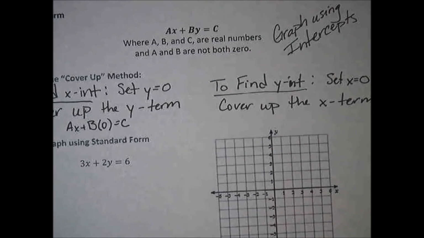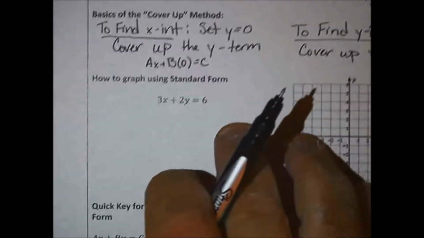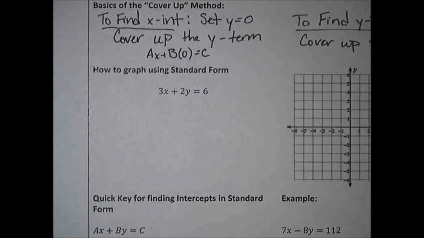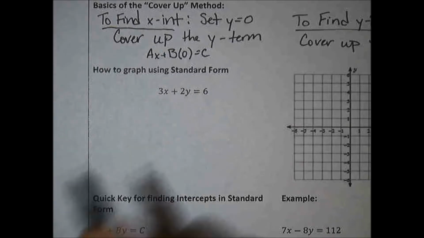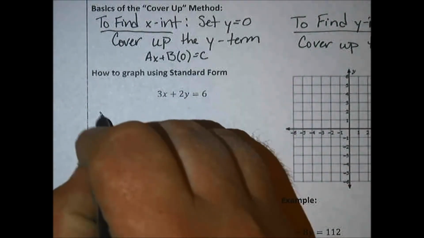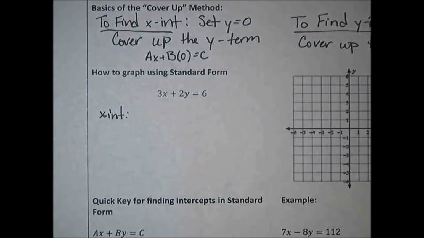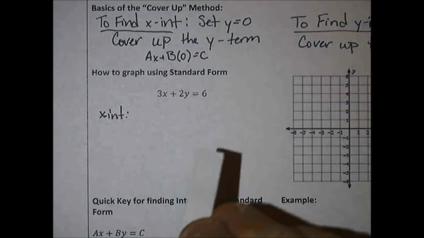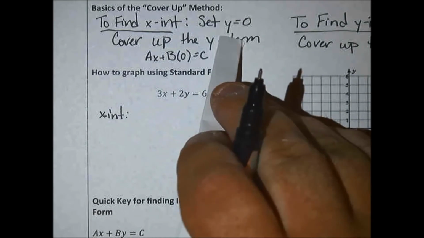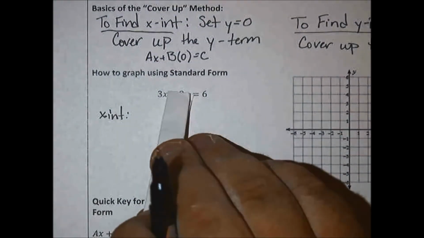Let's look at an example here. I'm going to try to make my little piece of paper work. I want to graph using standard form. First of all, I want to cover up each term and figure out what the intercepts are. Let's find the x-intercept. To find the x-intercept, I set y equal to 0, cover up the y term.